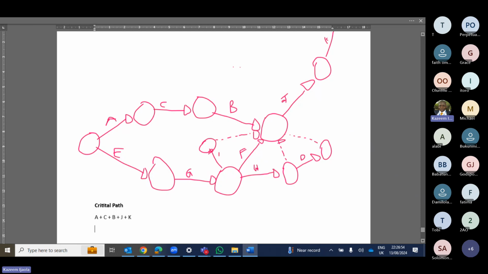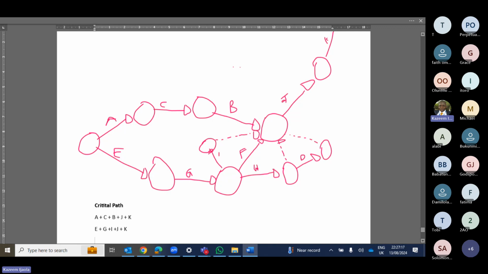That's my first critical path. Then my second critical path will be, not AE, it will be E plus G, right? E, G, you go through H first. EG, H, J, K.